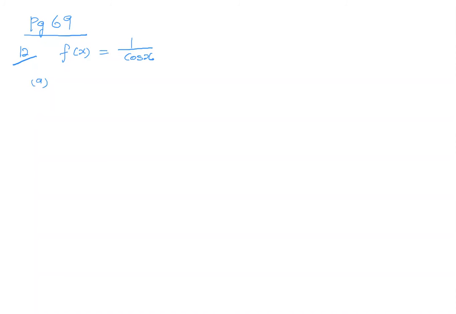The moment we see a rational function, we know that the bottom cannot be 0, correct? That is why part A says, for what values of x is f(x) undefined? f(x) is undefined when cos x equals 0, correct?